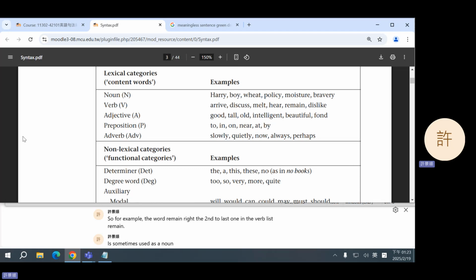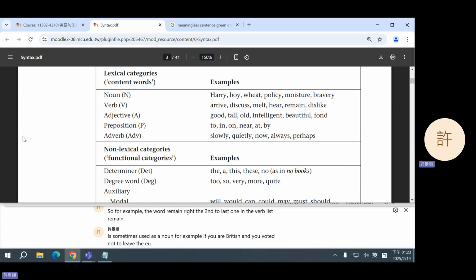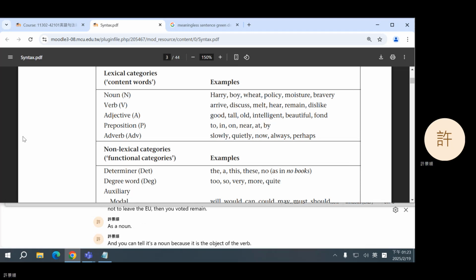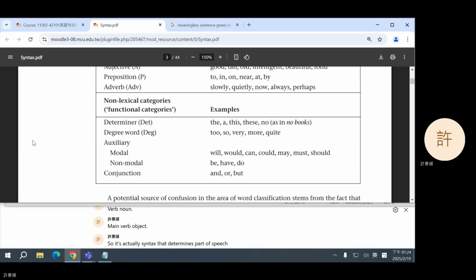For example, if you are British and you voted not to leave the EU, then you voted remain as a noun. And you can tell it's a noun because it is the object of the verb vote. You voted remain. Main verb, object. So it's actually syntax that determines part of speech.